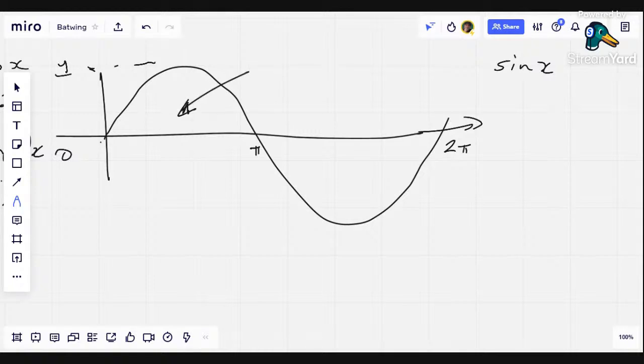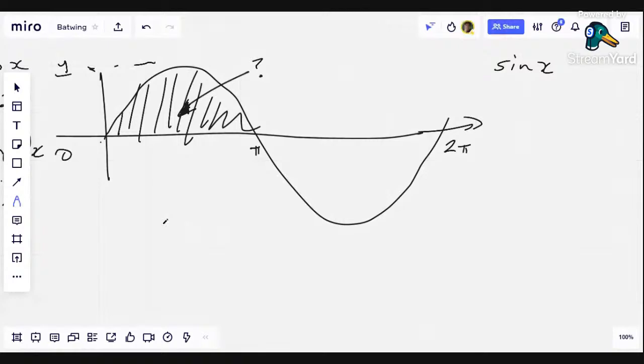What is this area right here? To do that, I'll even shade it so that we can all see how beautiful it is. To do that, we'll integrate between pi and 0, sine x dx.